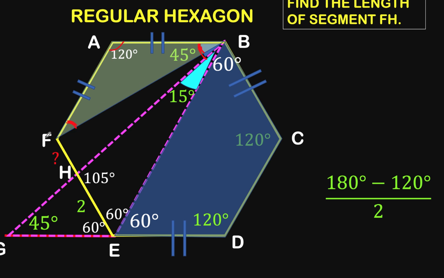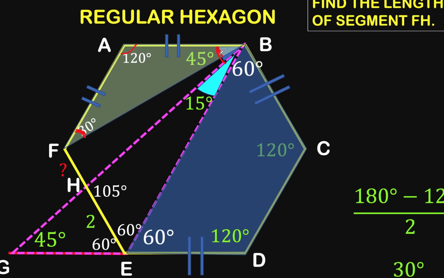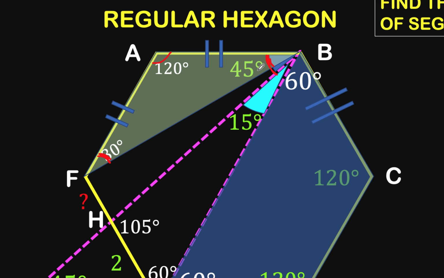But since these two base angles are equal, we can divide the result by 2 to arrive at the measure of each of these base angles, and that gives us 30 degrees here, and this 45 degrees must be split into 30 and 15, so that we now have this isosceles triangle with a measure of 120 degrees for this angle and 30 degrees each for the two base angles.